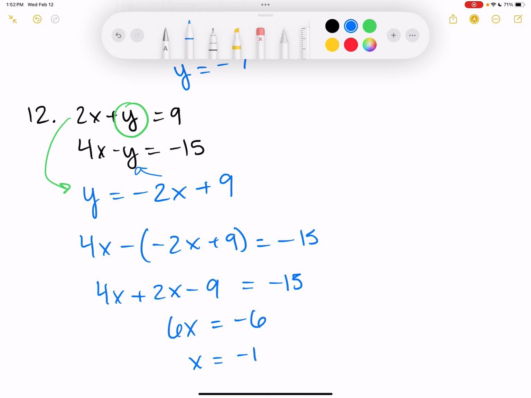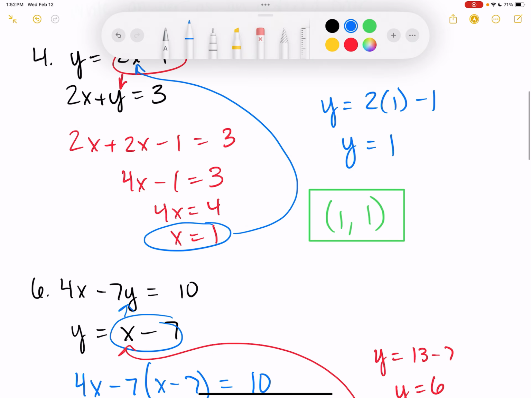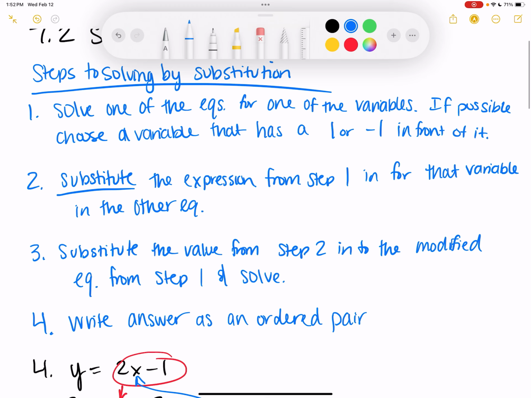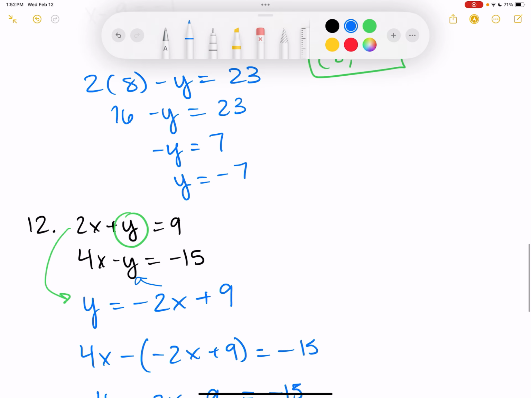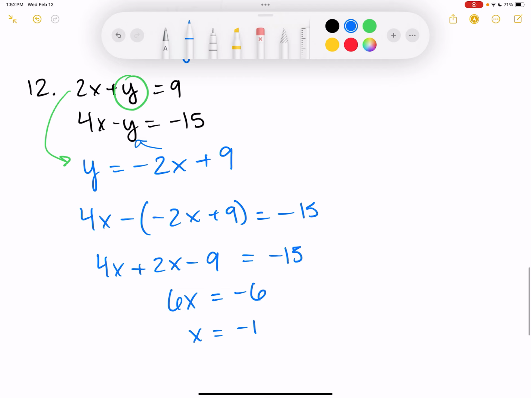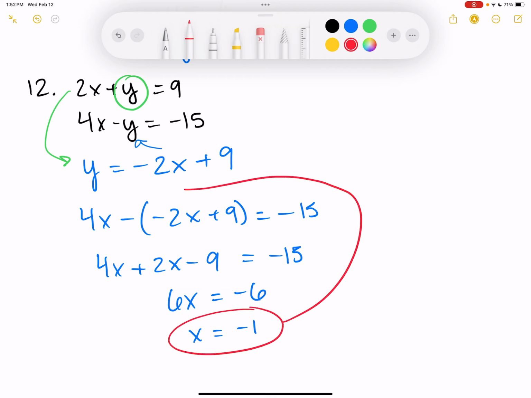Now, this is where, I don't remember what step number it was. Step 3. Substitute the value from step 2 into the modified equation from step 1. So I'm going to take this number and I'm going to plug it in for x here.